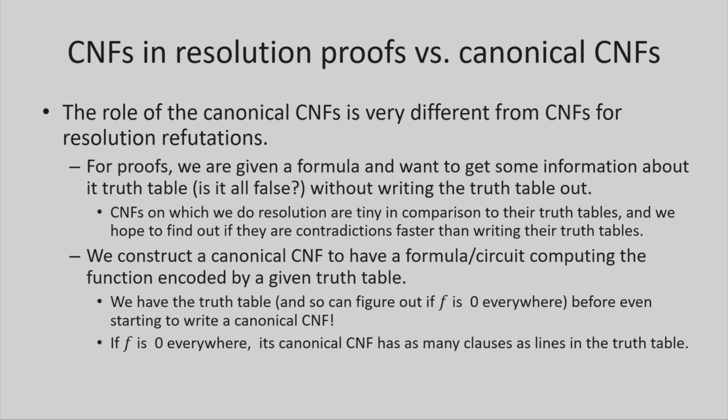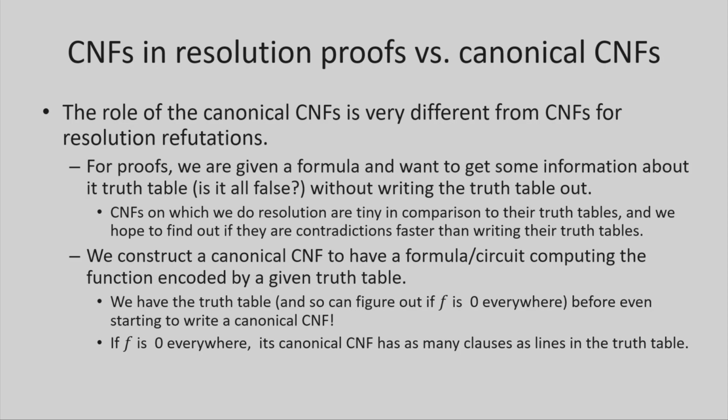Again, our canonical CNFs are going to be as large as truth tables, but that's not a problem at this point. We are not really concerned with the size of the canonical CNF if we're starting with truth tables as our input. At the very least, we will have to spend all this time reading the truth table.